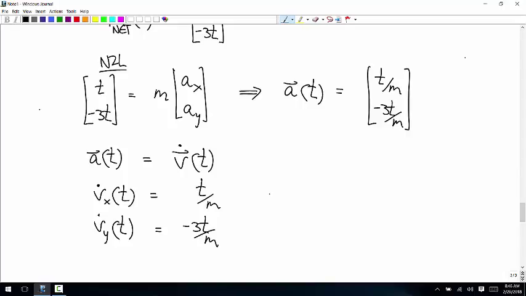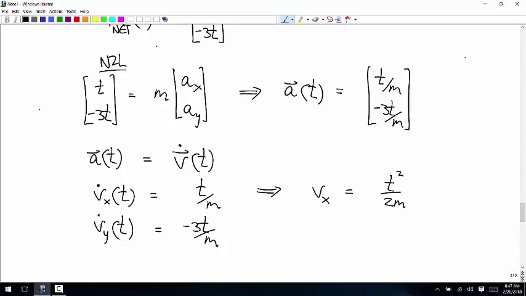Integrate both sides, and we get that the x component of velocity is t squared over 2m plus a constant.